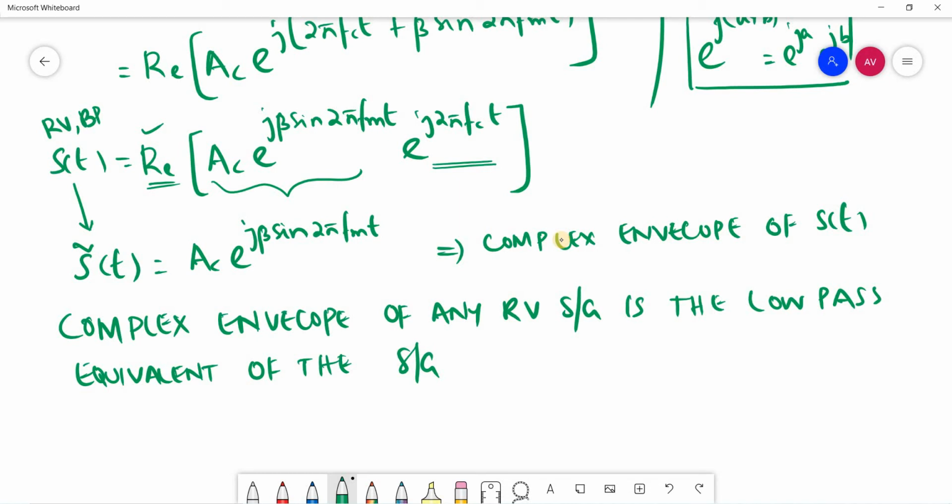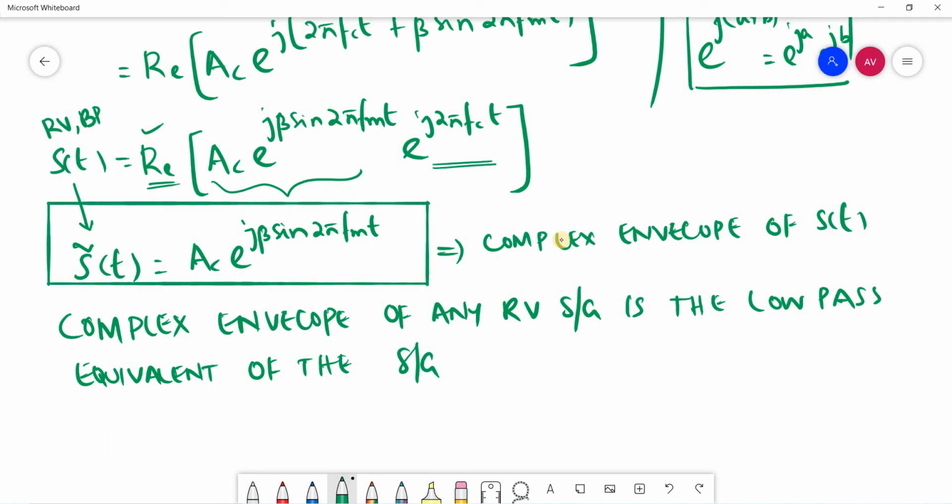This is s tilde of t, the complex envelope of a real valued bandpass signal. This is a very important aspect, and we'll be using this concept to obtain the Fourier transform of s of t.